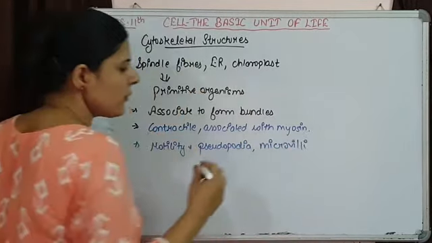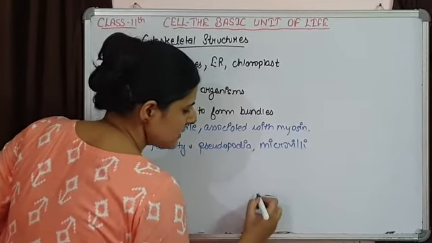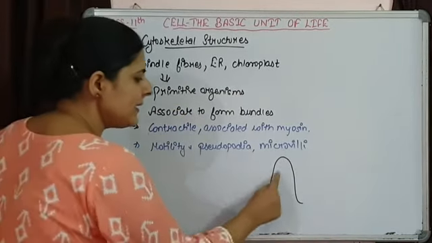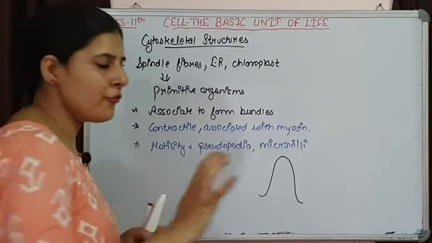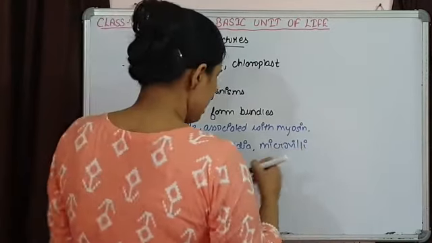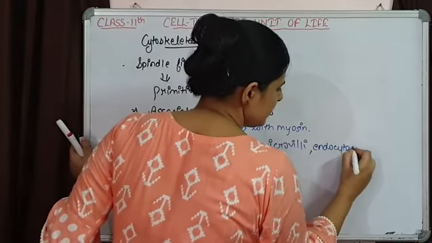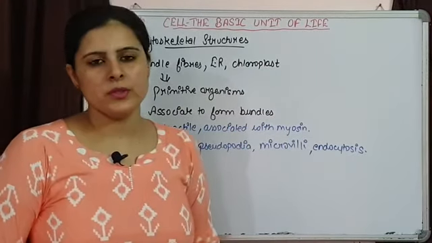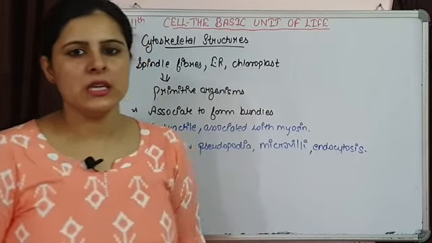We already know about microvilli: in the intestine there is folding of the membrane, and this is how microvilli are present, and the internal framework of microvilli is maintained by these microfilaments. In endocytosis also these help the plasma membrane. So these are different functions done by microfilaments. Now let's discuss their functions in detail.